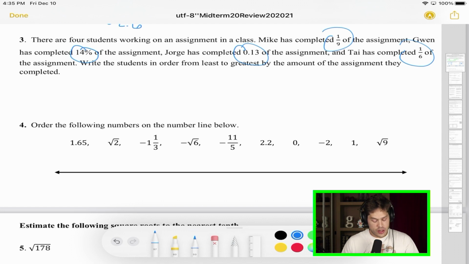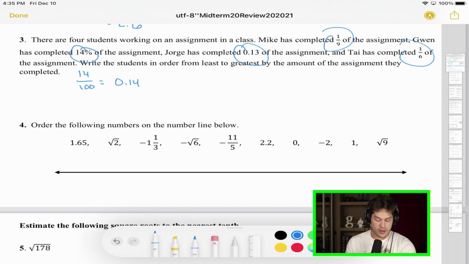Okay, so remember that percents are just over 100. So 14% is 14 over 100, or 14 hundredths. So this is a tiny bit more than 0.13. 1/9, well, remember for ninths, 1/9 is 0.1 repeating, 2/9 is 0.2 repeating, 3/9 is 0.3 repeating.